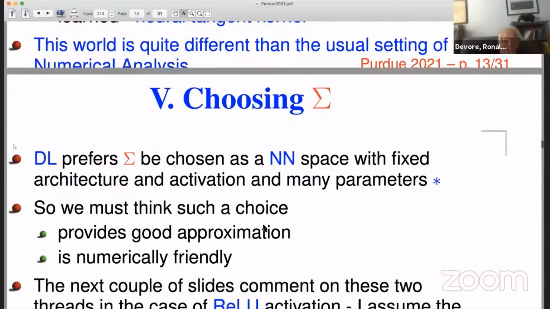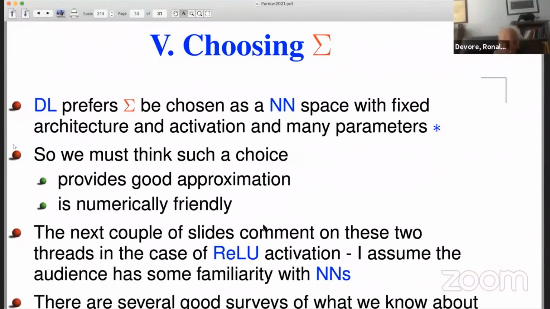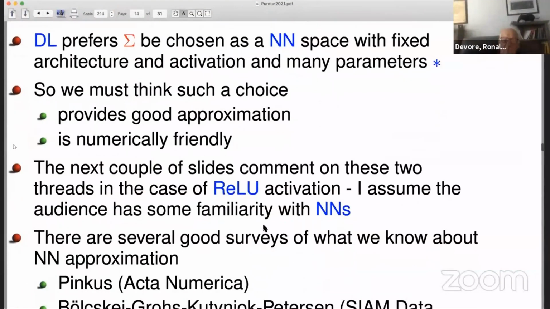Okay, let me move on now. So let me talk about some of these components of deep learning. The first thing I want to talk a little bit about, and I think a lot of this conference will touch on this subject, is why do they choose neural networks as the vehicle for creating their algorithm? Well, they must think that neural nets provide a good approximation to this model class, even though they haven't explicitly told me what the model class K is.